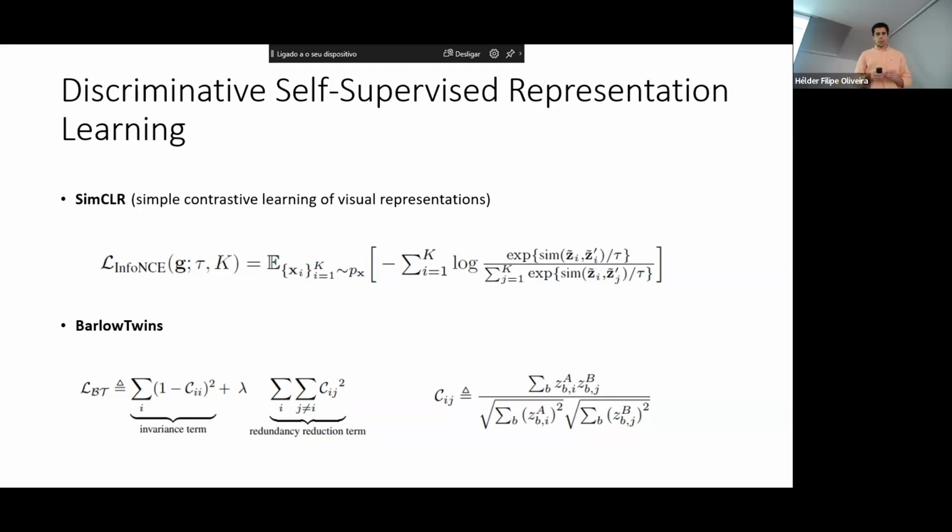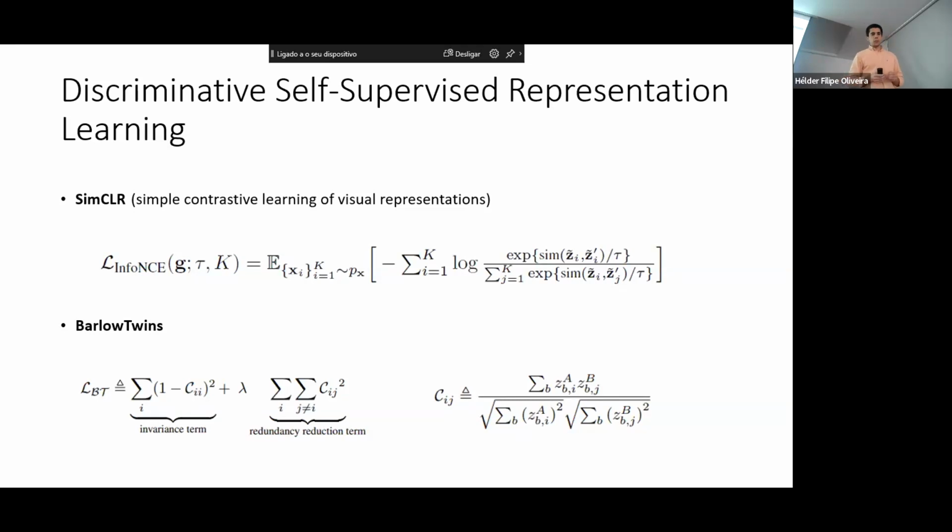This loss can be understood as an alignment loss with approximate entropy regularization, and it provides a lower bound on the mutual information between the two views.